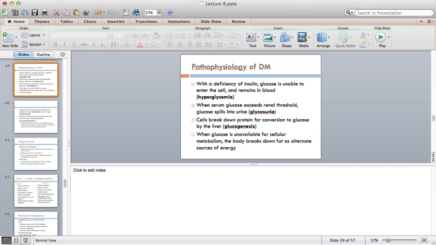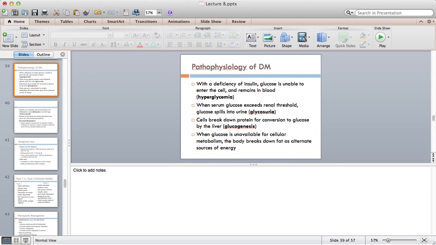When the insulin is not doing its job as it should, then now you have excess glucose in the bloodstream. And once you have that excess glucose in the bloodstream, that's your hyperglycemia right there.